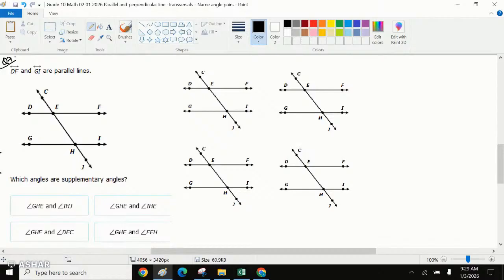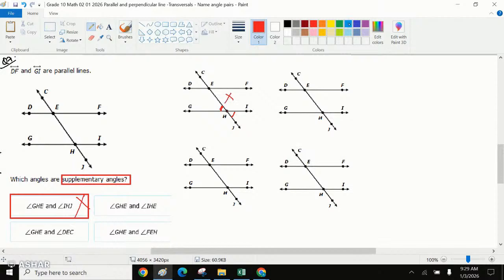Okay. The first option which we have is GHE and IHJ, whereas GHE, IH and J. Are they supplementary angles? No, they are not supplementary angles.